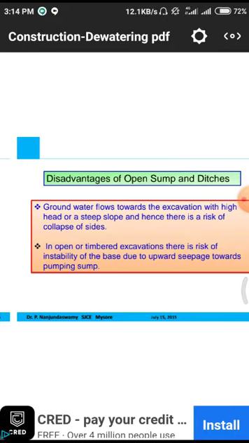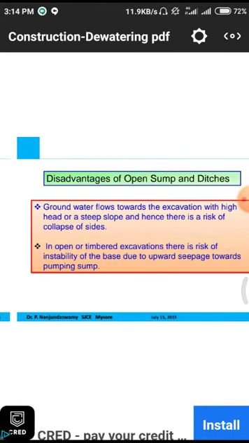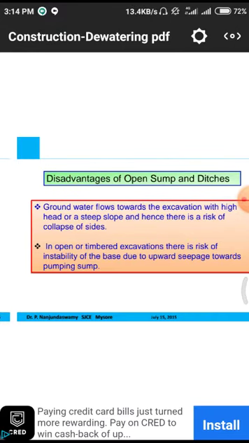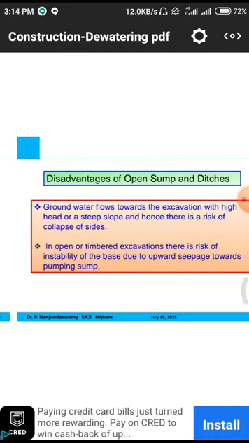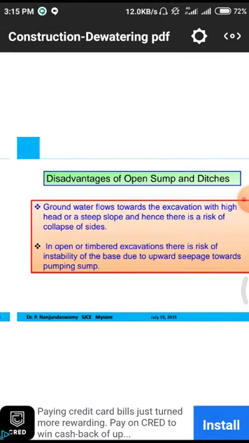In open or timbered excavations, there is a risk of instability of the base due to upward seepage towards the pumping sump. Stable means there is no change of position. Instability means the soil changes position with respect to dewatering.